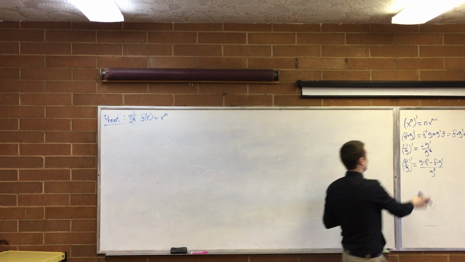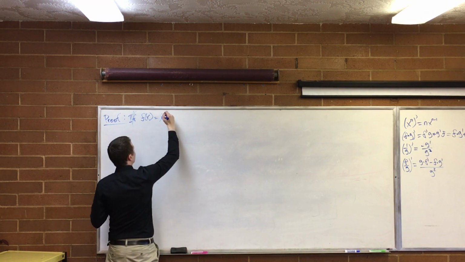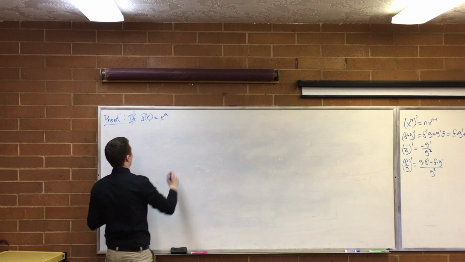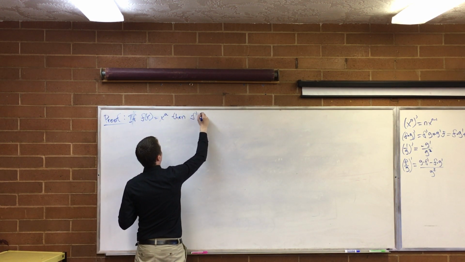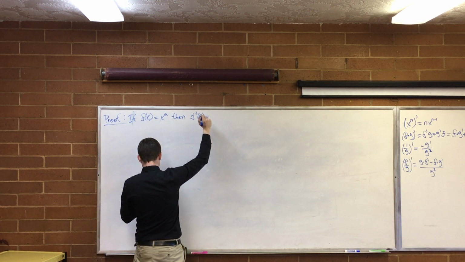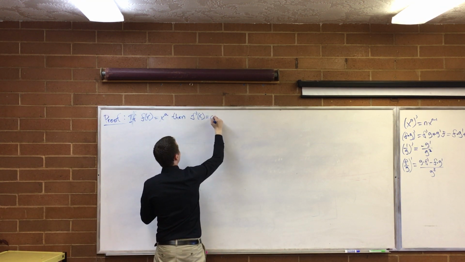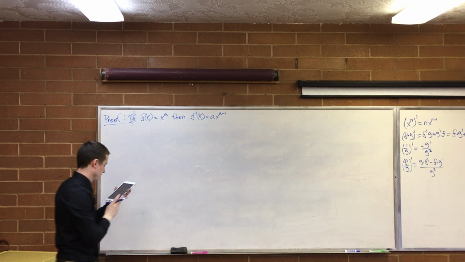Remember when we did this, we said it was a natural number. If we're going to do an integer, let's pick something different. Let's do f of x is equal to x to the a, then f prime of x is equal to a times x to the a minus 1. So we're just doing the same thing for integers now.